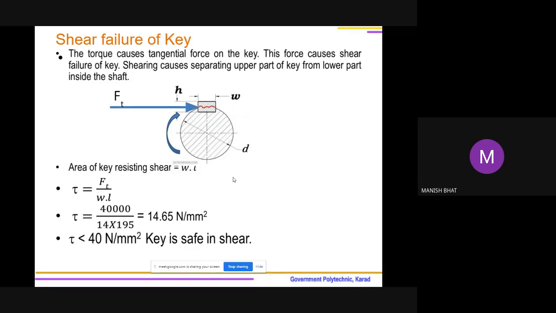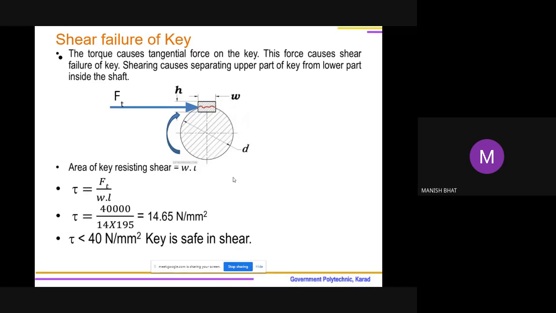In this case, the shear stress induced is 14.65 Newton per mm square. This induced shear stress is less than 40 Newton per mm square.